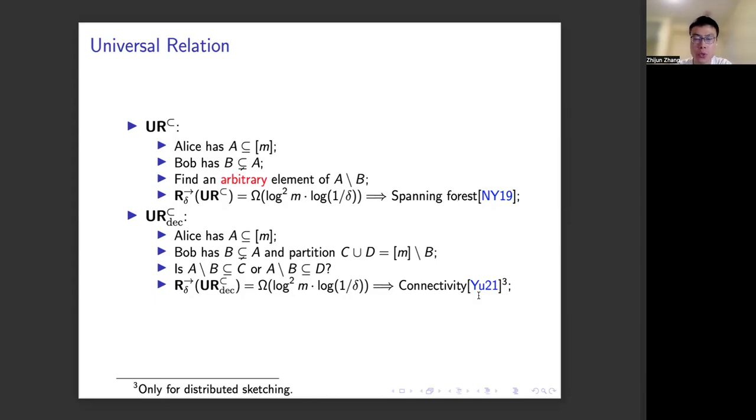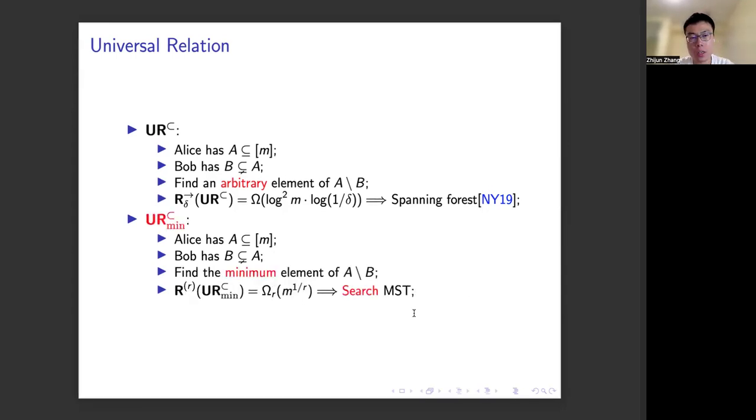And later on, we defined a decisional version for this problem and showed a similar one-way communication lower bound and used it to prove lower bounds for connectivity, although it's only for the distributed sketching model, not for streaming algorithms. Okay, for us, what we have is actually the min version of universal relation, where instead of finding an arbitrary element in A minus B, we ask for the minimum element in the difference.